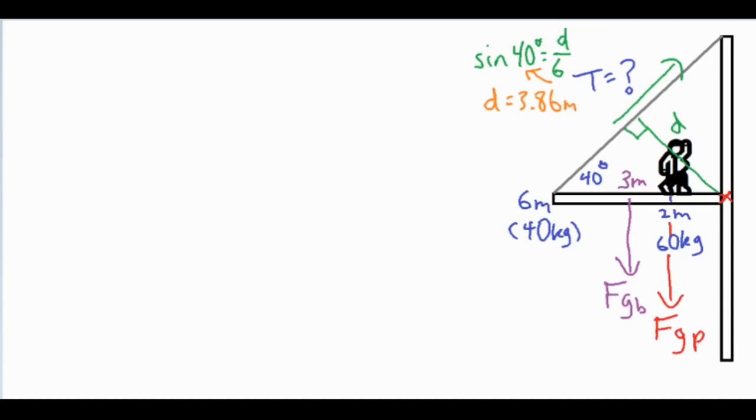Okay, so now we have everything we need. We identified all of our forces, and we identified the distance to be used as the lever arm. Now all we have to do is set up our torque formula. So our torque formula is going to look something like this. The net torque, the sum of all the torque provided on the beam, is equal to these two that are twisting it counterclockwise.